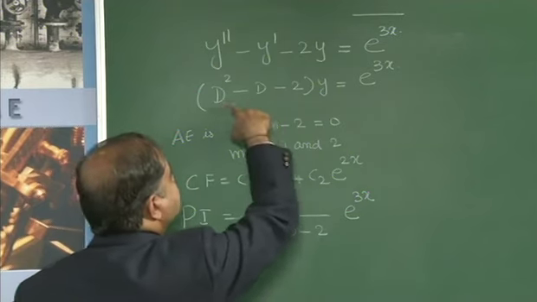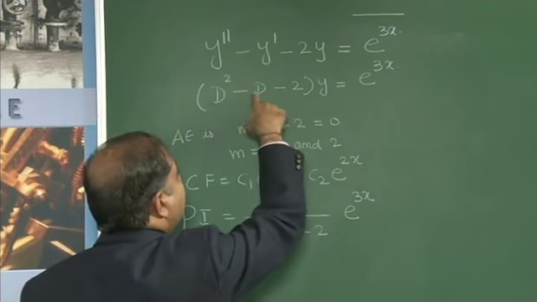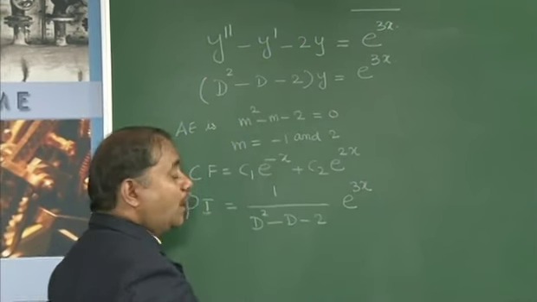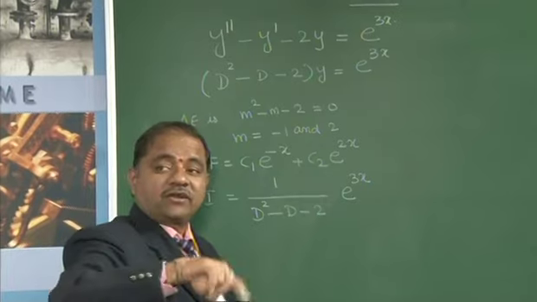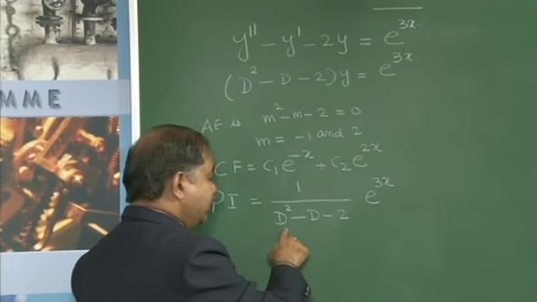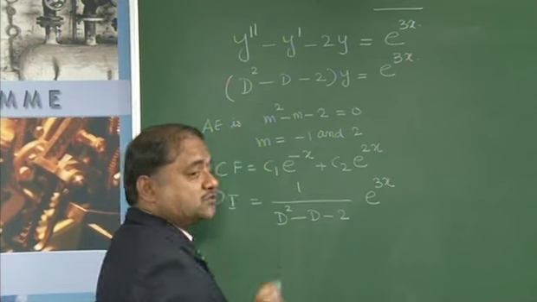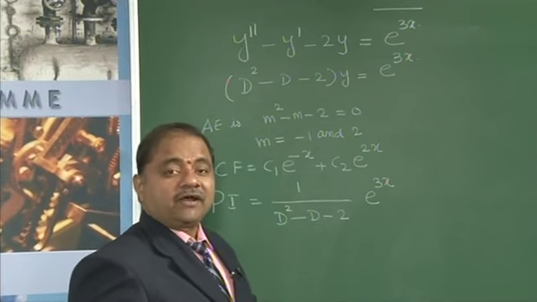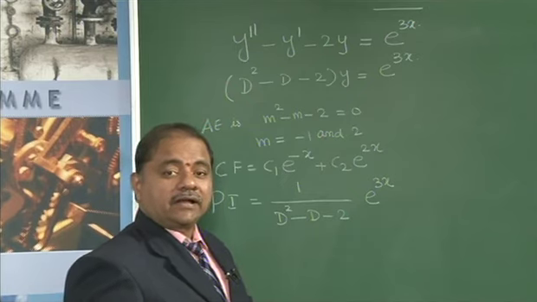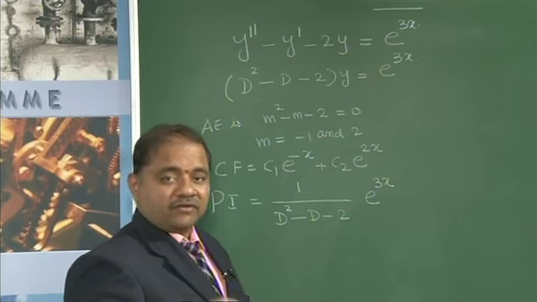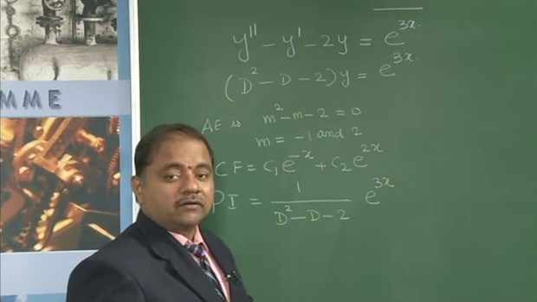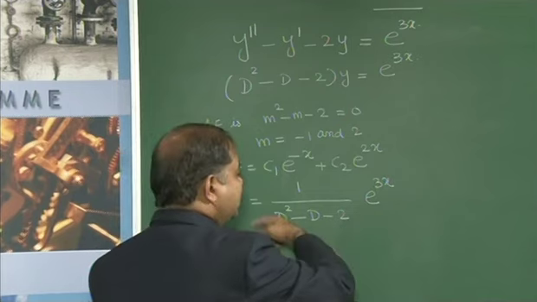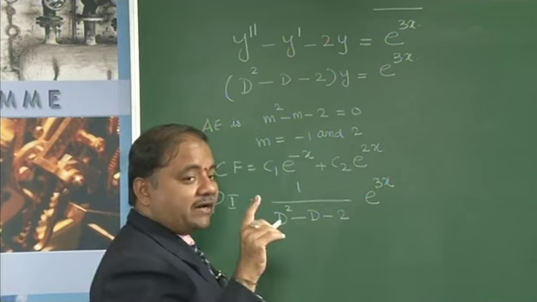This is your differential operator, D² − D − 2, and you are writing it as the inverse differential operator 1/(D² − D − 2). It means 1/D, so you are finding the particular integral, the reverse of differentiation, integration. It is e^(3x), just as given in type 1.